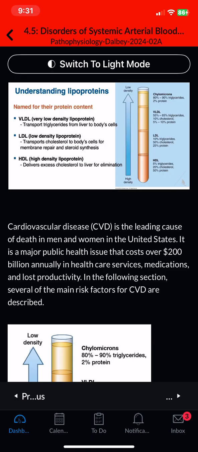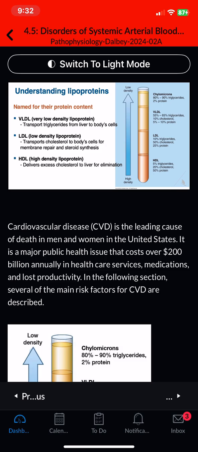If lipoproteins are centrifuged in a tube, like right here, they're going to separate out based on density, and that's how we name them. So the lowest density lipoproteins have very little protein. The first one that we're going to look at is called VLDL, for very low density lipoprotein.